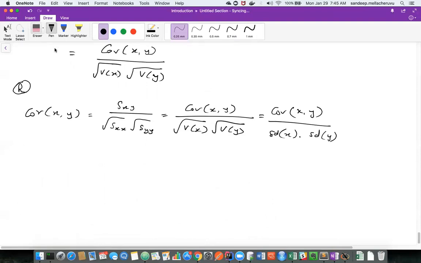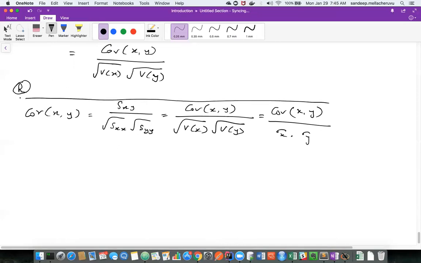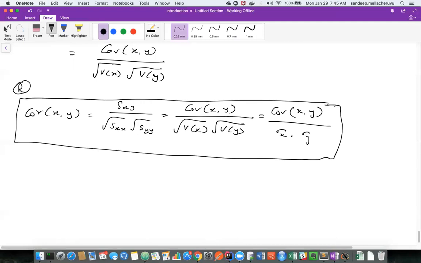Actually, instead of keeping it like this, I should keep it in this format: sigma x, sigma y. This is the right terminology. Any questions still now? Sigma is nothing but the standard deviation, and sigma square is variance.